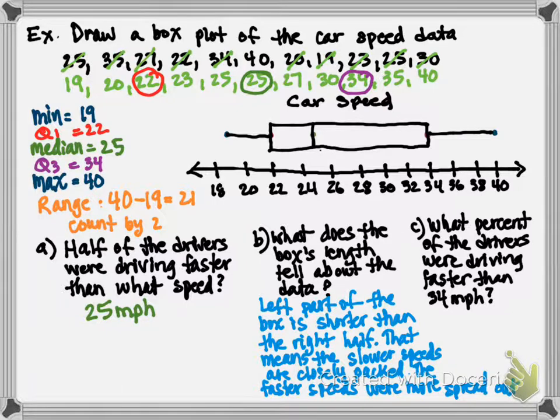Well, if you look where 34 is, faster than that would just be that whisker piece going all the way to the maximum value. And remember, each one of those 4 quartiles represents 25% of the data. So that's our answer, 25%.